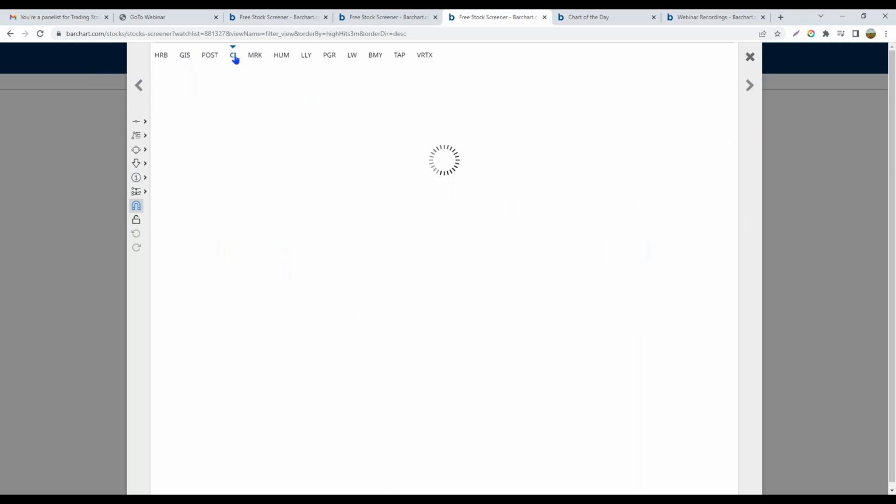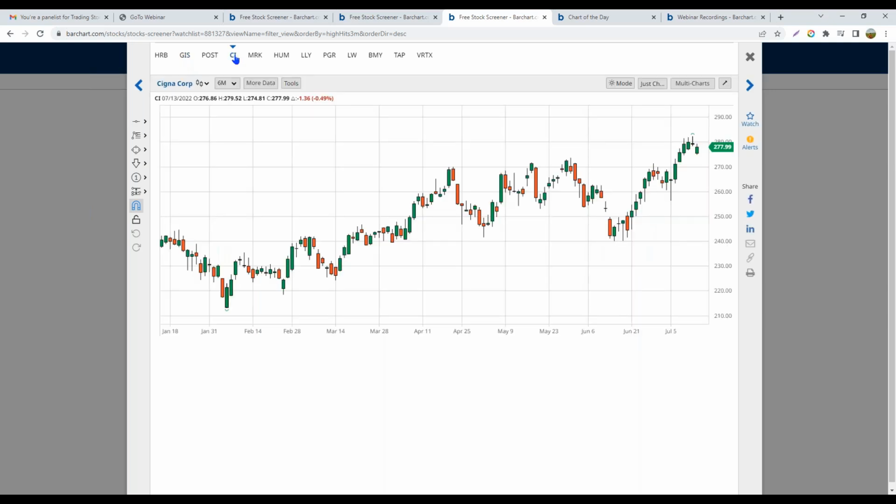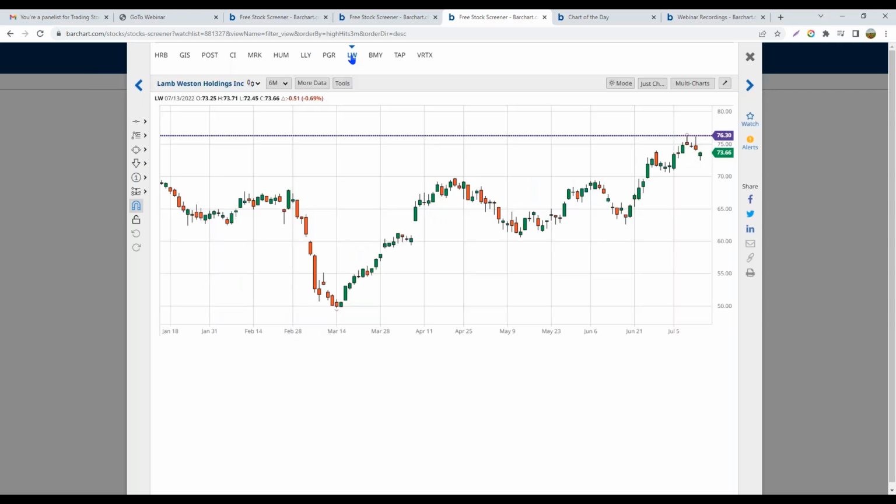Here's Cigna, again, nice little trending up. And here's my tater tot company, right? Very nice looking trend. If you think about this in terms of the S&P market or our broader market, I mean, these stocks are definitely outperforming.